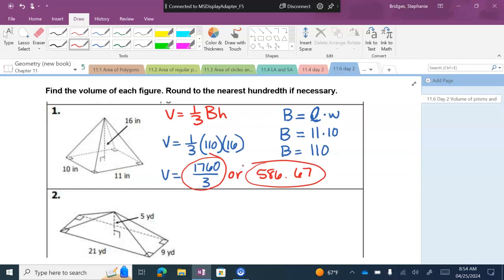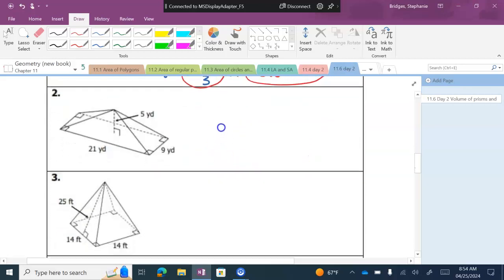Find the area of the base for number 2, please. We're finding the area of the base for number 2.